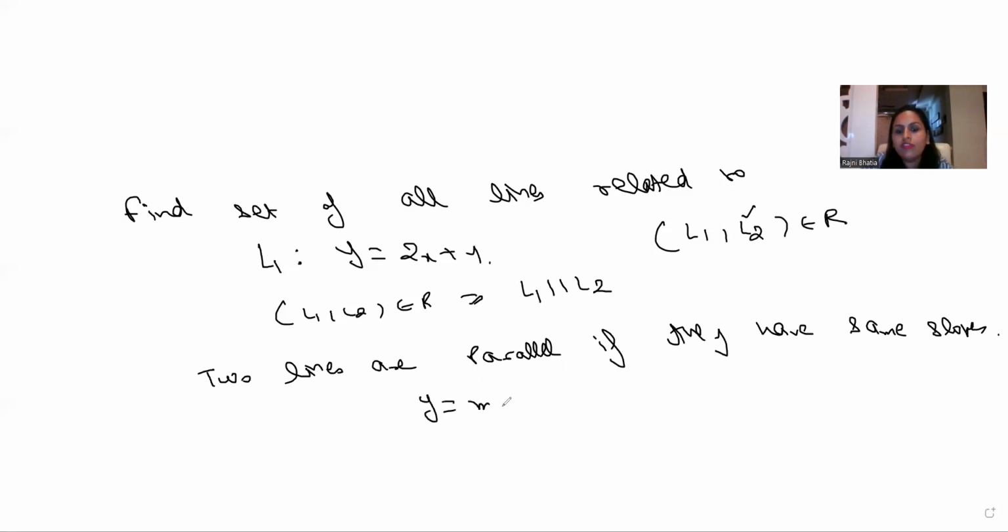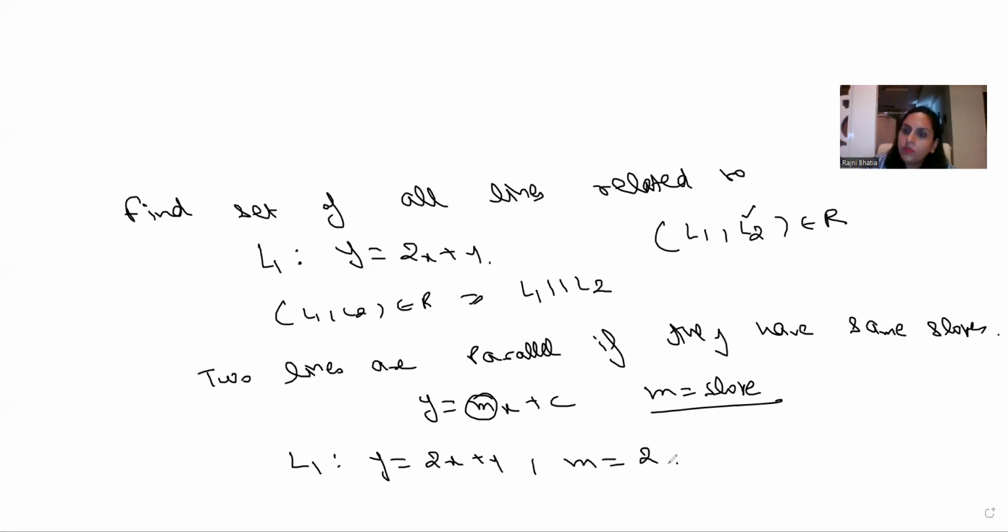Any line which is of the form y equals mx plus c, then this m is called the slope of the line. Now, what is our given line? Our given line is y equals 2x plus 4. So what is the slope of this line? 2. And since L2 is parallel to L1, therefore L2 should also have the slope 2.